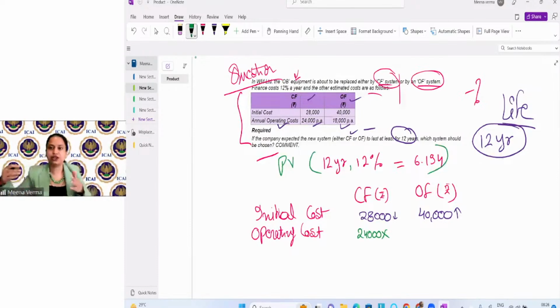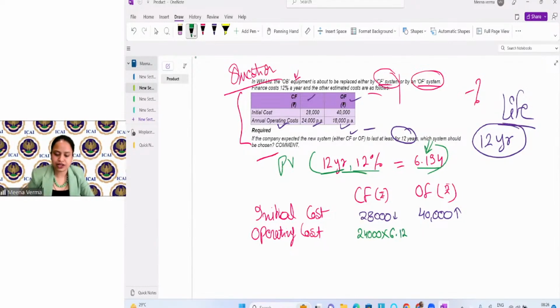Since every year you will incur this 24,000, you have to find its present value. Every year, first year, second year, third year, up to the 12th year, so we will consider their present value. For 12 years, the finance cost is 12%. On the basis of that, this annuity value will be 6.14. You will multiply it with the annuity value.